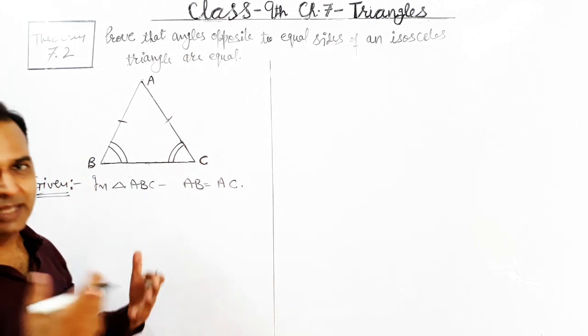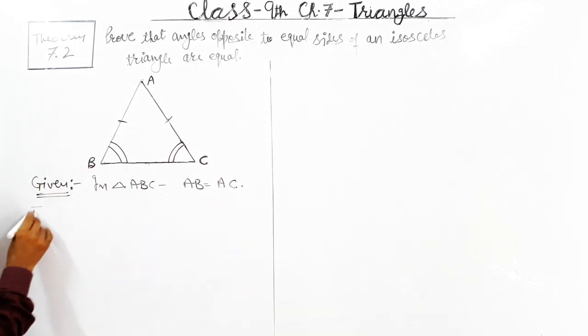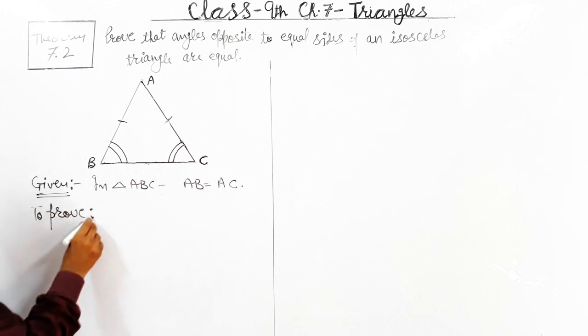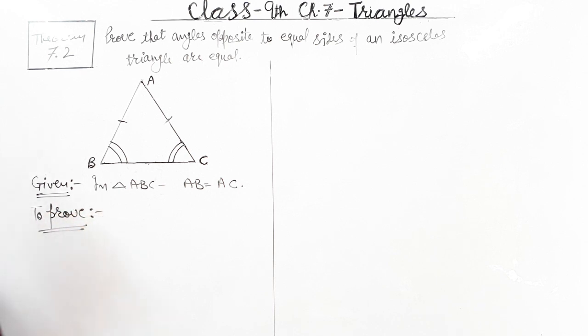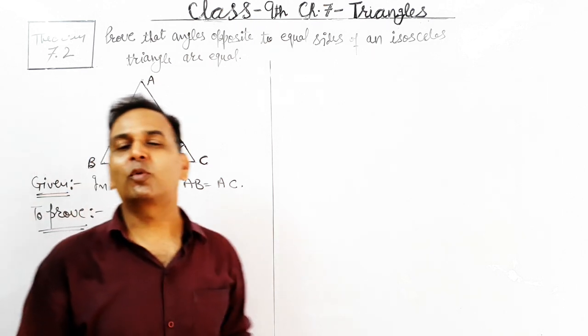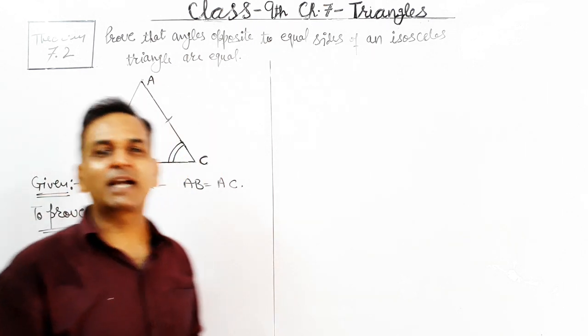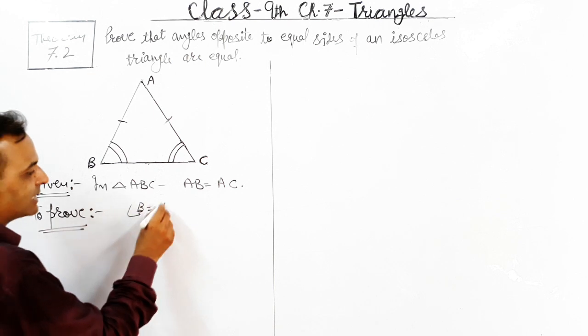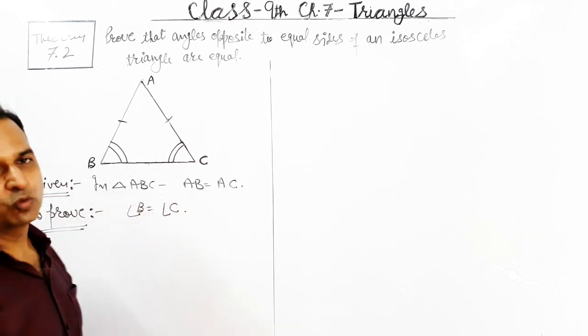It can be written in the Given. Then what is to be proved by us will have to be written under the heading To Prove. And what is to be proved by us? That the two opposite angles of these two equal sides are equal. That is, this angle B and this angle C are equal to each other.